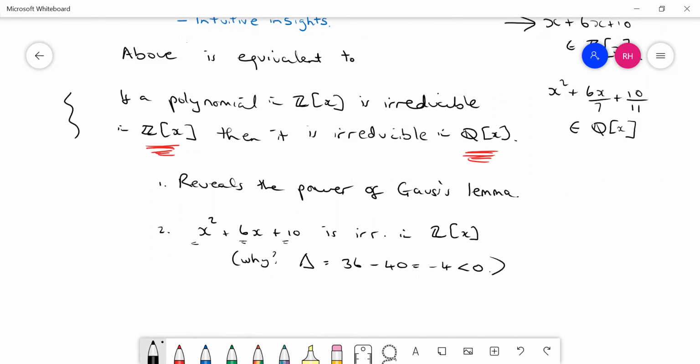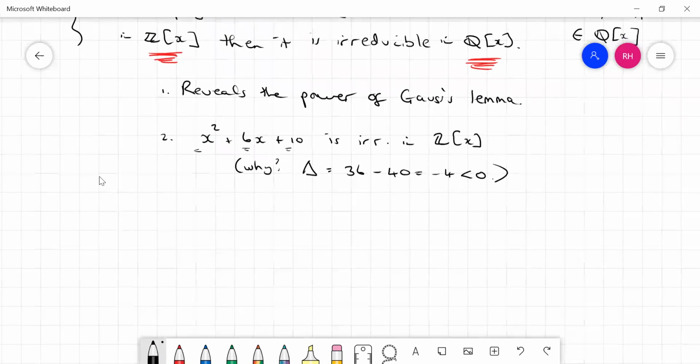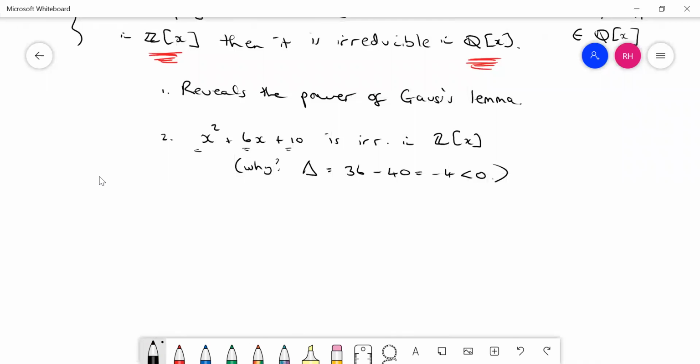So we're going to have complex roots, so it's not going to be reducible in ZX. So what you could do is say, well, suppose to the contrary that it is reducible in QX.